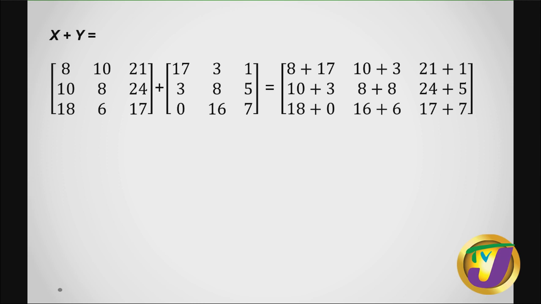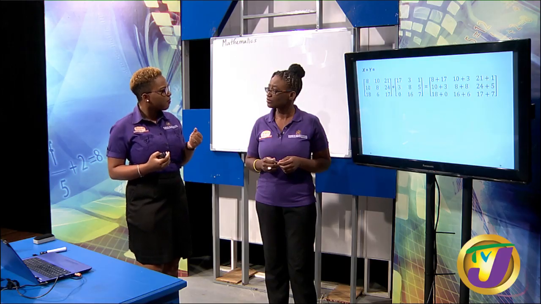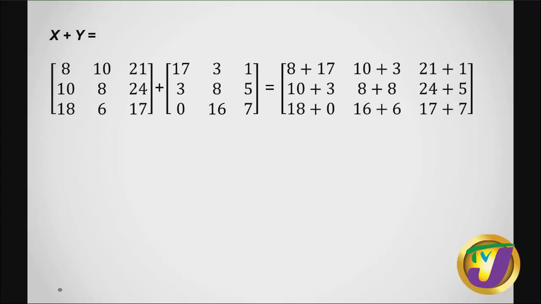But then I thought to myself, X, which is the first matrix, represents the first inning, and Y represents the second inning. We know that row 1, column 1 would have been what? Black's performance against school A. Right.